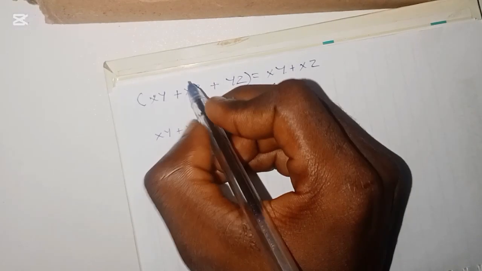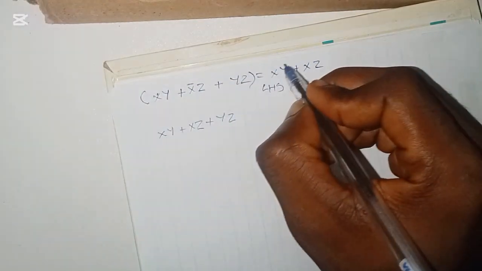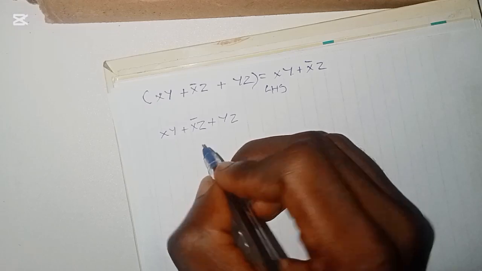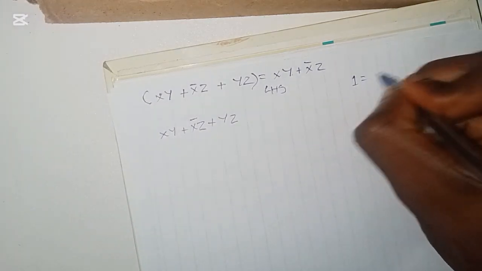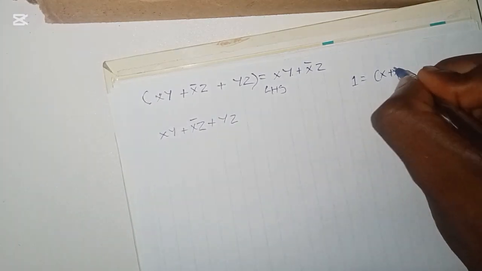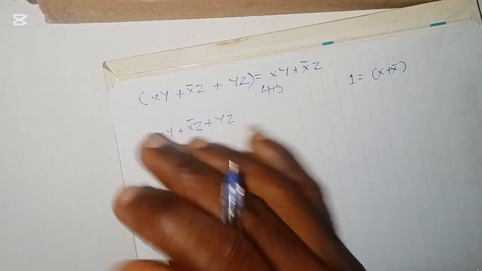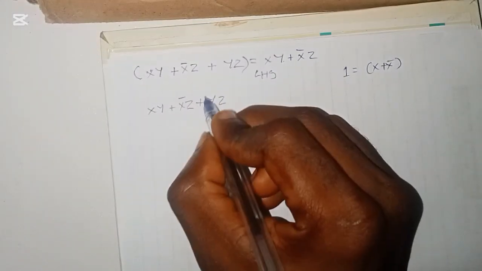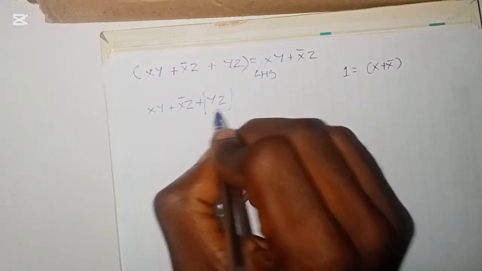Sorry, there's a bar here: xy plus x bar z plus yz. The question was not correct. So we know that 1 is equal to x plus x bar from the last question. So we can put it at the back of this yz.